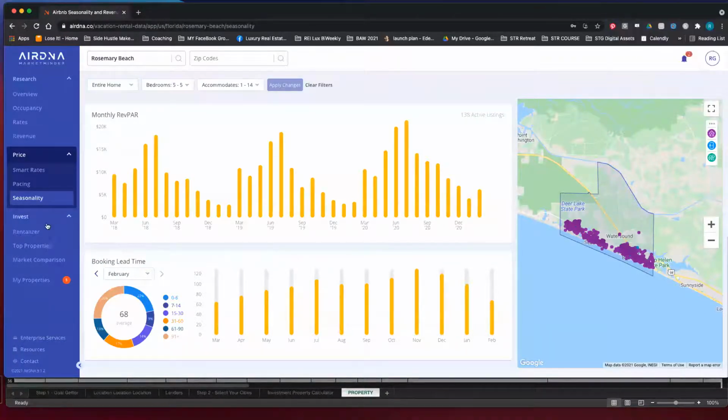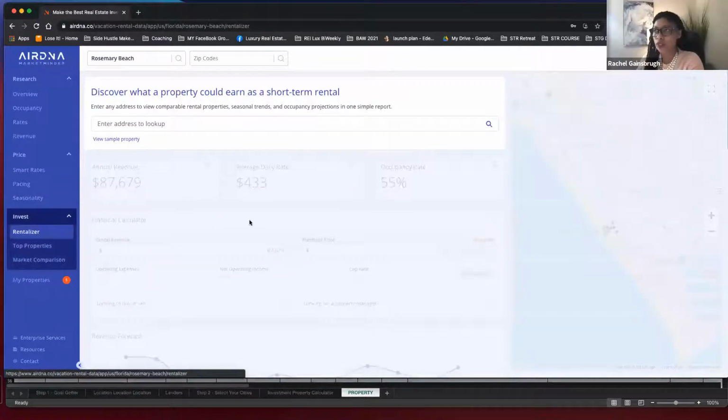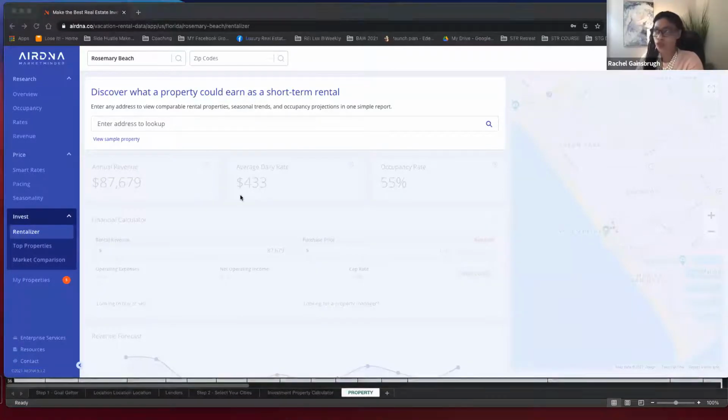Okay, I was thinking that we might have to do a part 2 to this, and it looks like we will. But before we jump into part 2, I did want to go through with you guys what I use in terms of the Rentalizer in here in order to do my calculations. So let me put in an address. This is the address of the neighboring lot that just completed their construction.